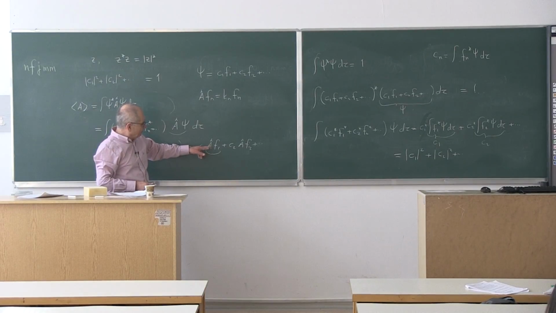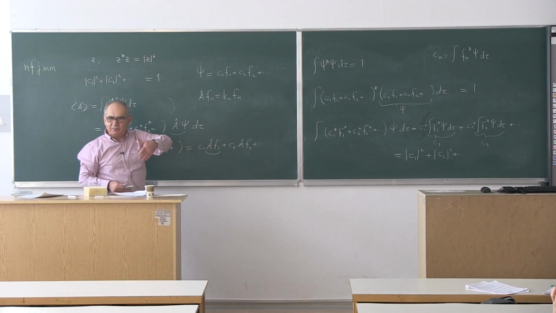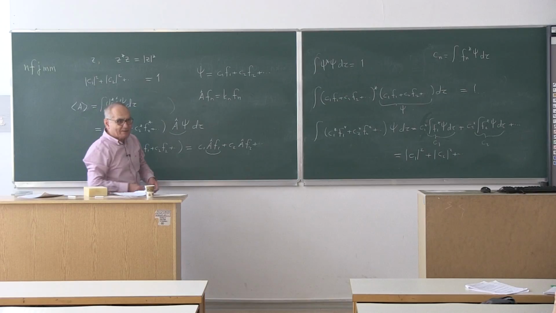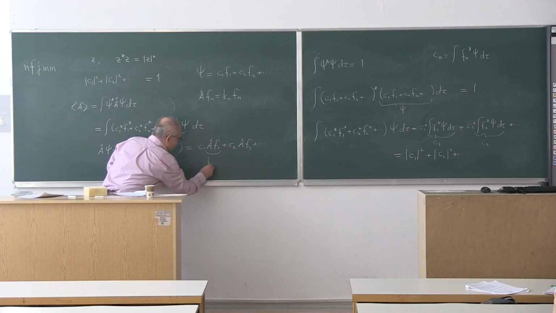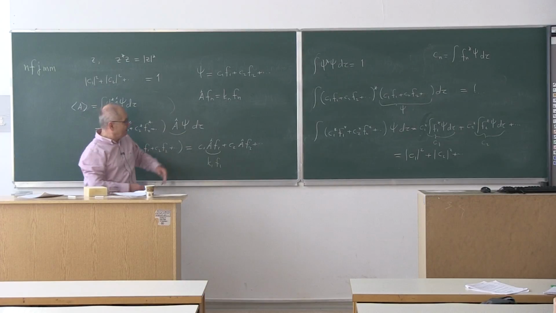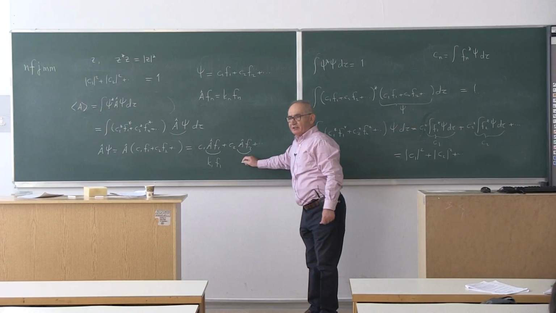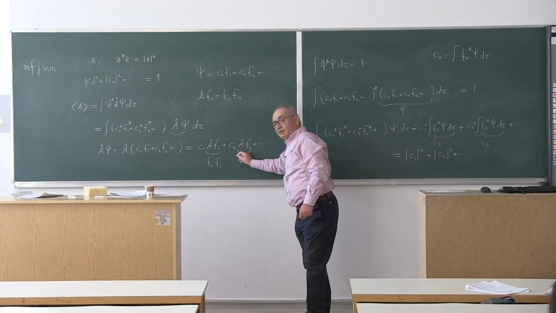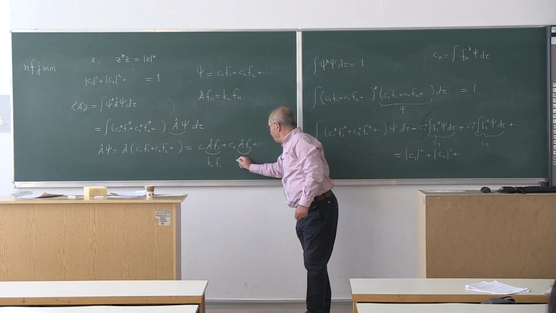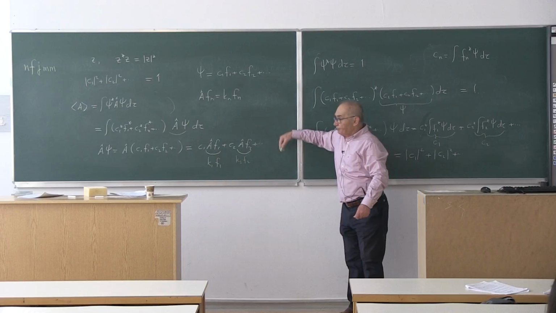Instead of the operator A on F1, can we replace it with a scalar? K1 times F1, yes, because of this relation. Similarly, this is K2 times F2, and so on, K3 times F3.